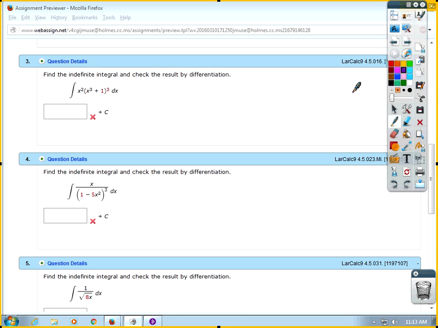So number 3, we have the integral of x squared times (x cubed plus 1) to the third dx. So let's let u equal x cubed plus 1. du would be 3x squared dx. Looking at our problem, we have the x squared dx.